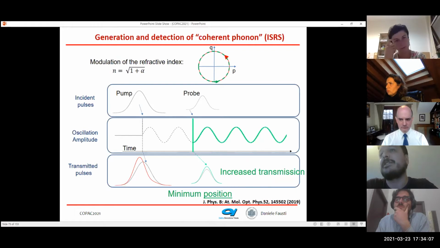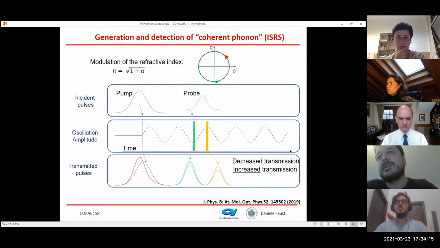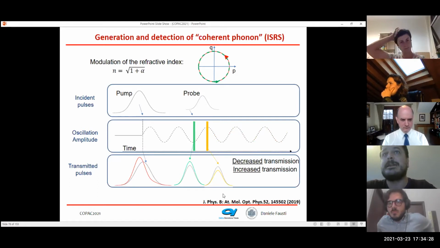It doesn't increase the energy of the oscillations, and you have an increased transmission, while you can come in out of phase and you have a decreased transmission. This is one process, which doesn't change the frequency content of the probe pulse, but just modulates its intensity. And that's maximized by the phonon position, by the atomic position.